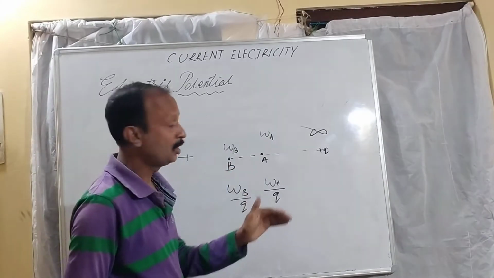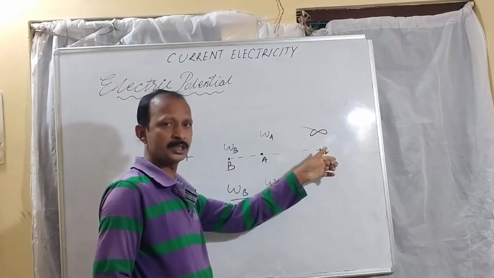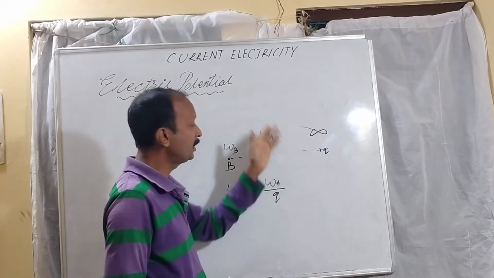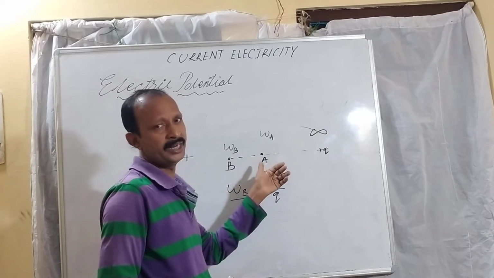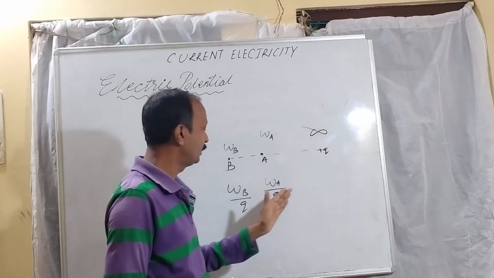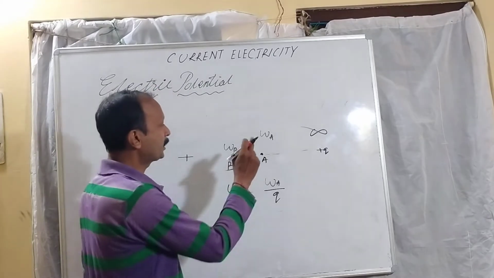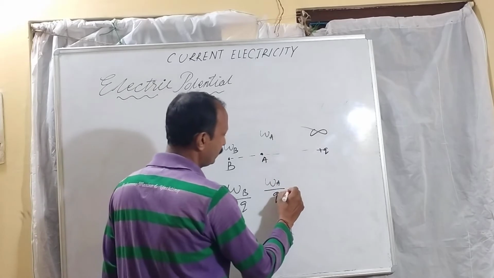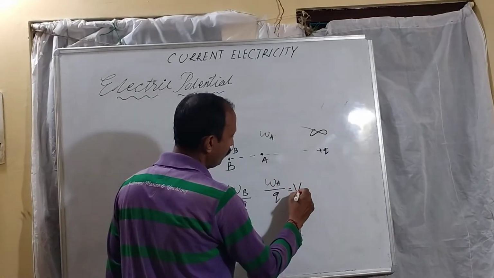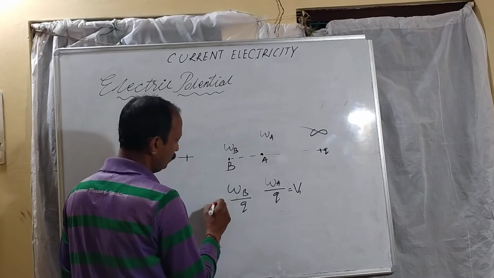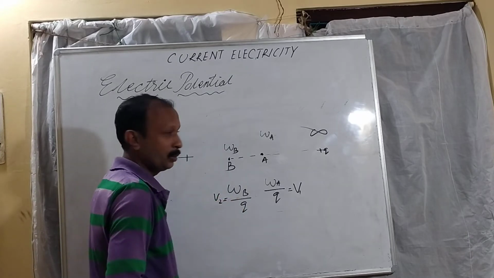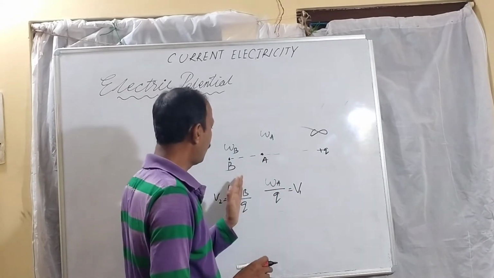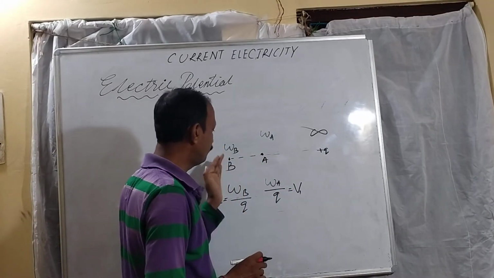I am dividing the work done for bringing that small positive charge from infinity to these points by the charge that I am moving from infinity. So that will give the electric potential of that point. So I can write this is equal to V1 or this is equal to V2. That means at the point A potential is V1, at the point B potential is V2.